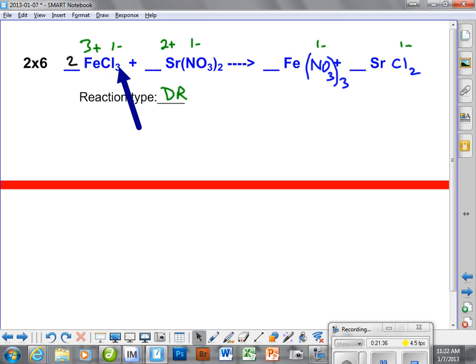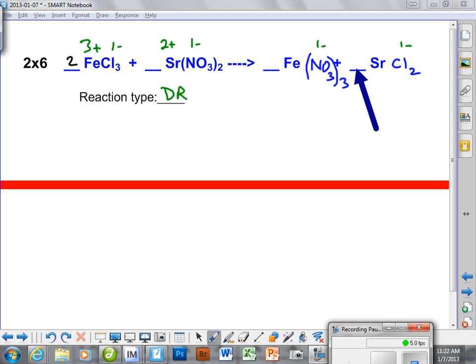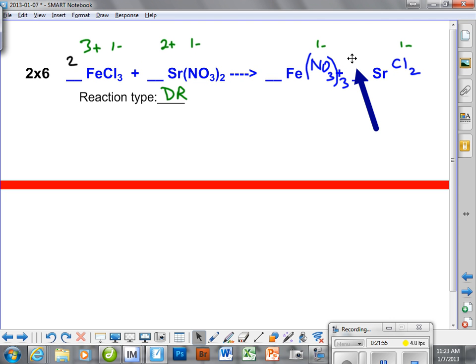We'll use this for the coefficient over here to balance that out. And so that is a 2. That is a 3, I mean.